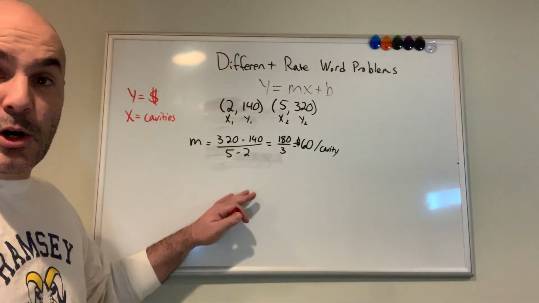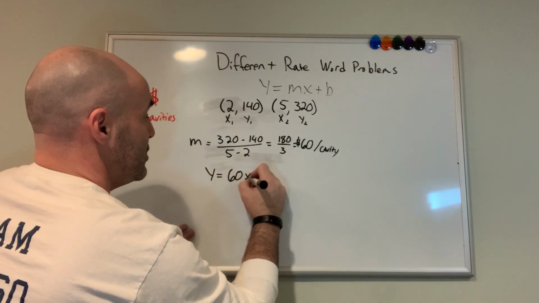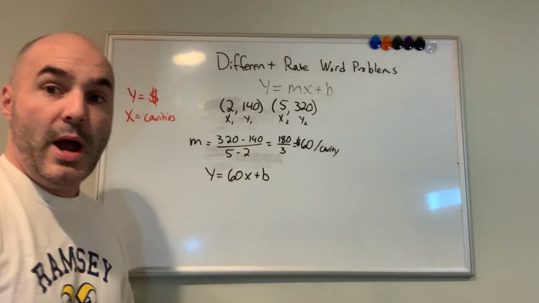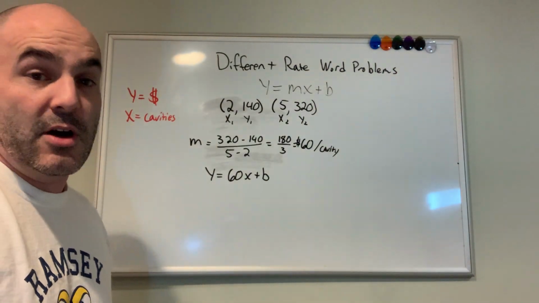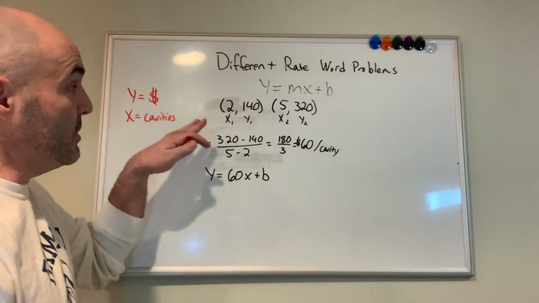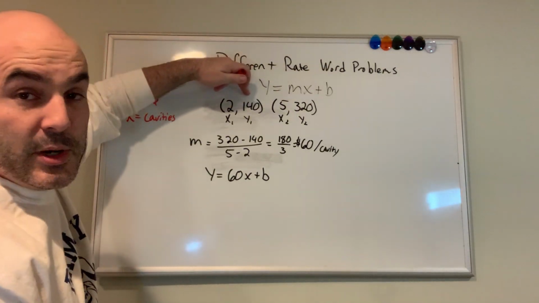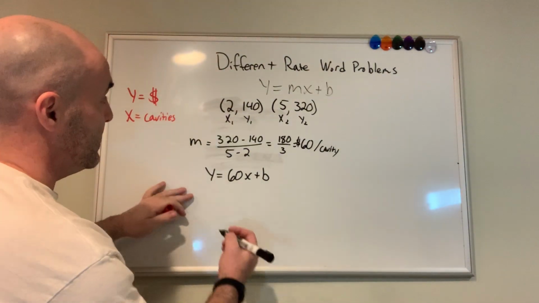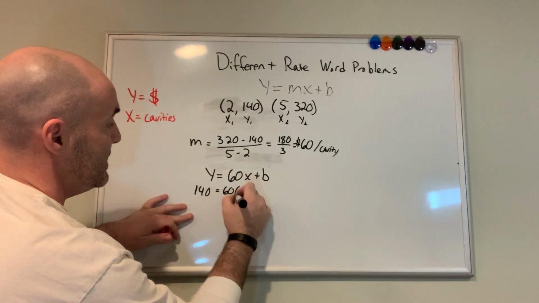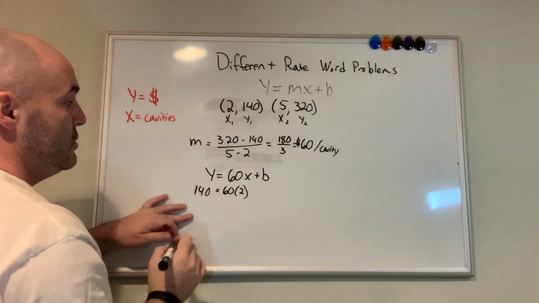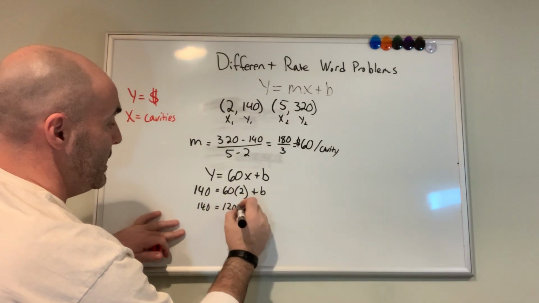Now, what we can determine off of this is we now know the slope is $60 per cavity, but what we don't know is the y-intercept, or the copay. What do they charge us just for showing up at the dentist's office? So I'm going to use one of the known points. I'm going to go back to the easier one with the smaller numbers. So if there was $140 for 2 cavities, let's plug this in. 140 equals 60 times 2 cavities, that's 120.